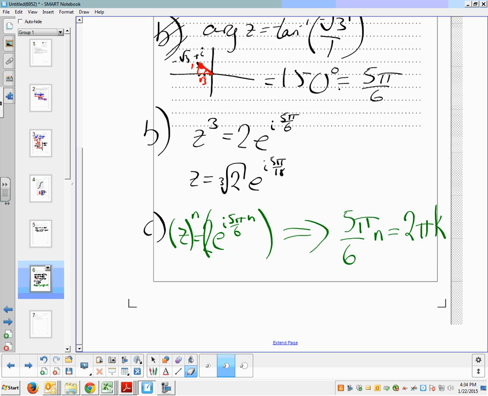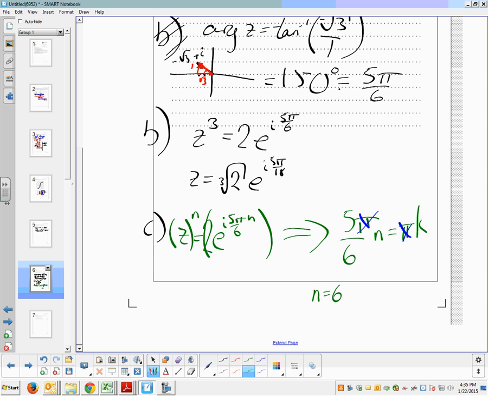No, not 2 pi, because if we just want it to be real, it doesn't have to be positive. So just pi times k. So can we find a real number such that we're going to get a whole number answer here? Well, the first one is going to be n is 6. It's going to cancel it out.